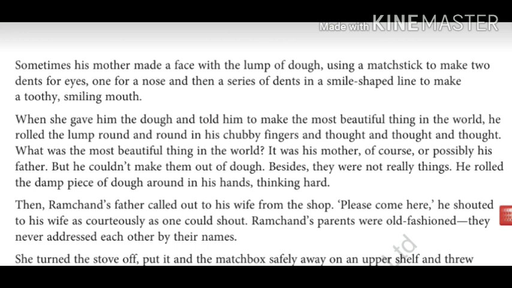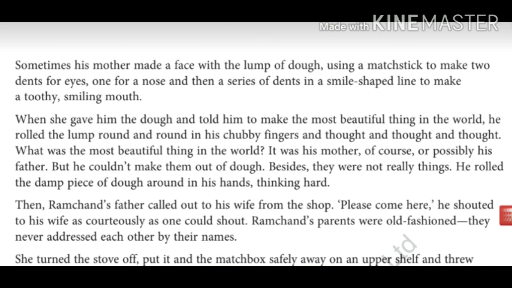Now he loves his mother the most, so he doesn't want to hurt her because she has said to make the most beautiful thing. And he cannot make mother's face on that dough. And besides, for him, mother and father are not things, they are living people, his own life. So he rolled the damp piece again and again, thinking what to make, but he cannot come to any final conclusion. So he was irritated.